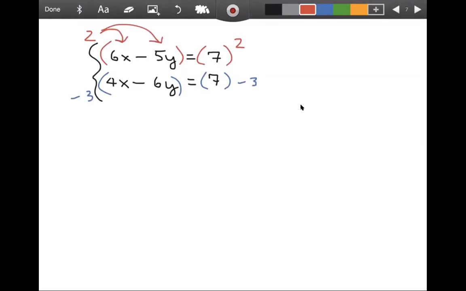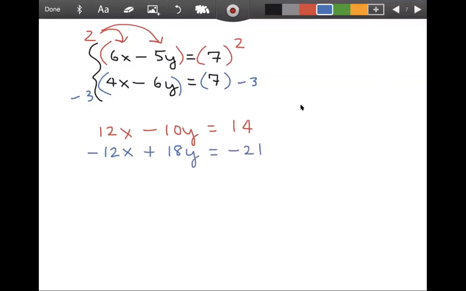Okay, so our new first equation is going to be 12x minus 10y equals 14. And the new second equation will be -12x plus 18y equals -21. So now I'm going to add these equations together. The x's will drop out.